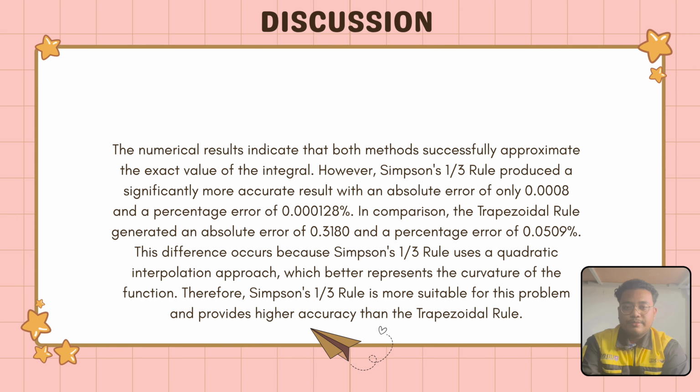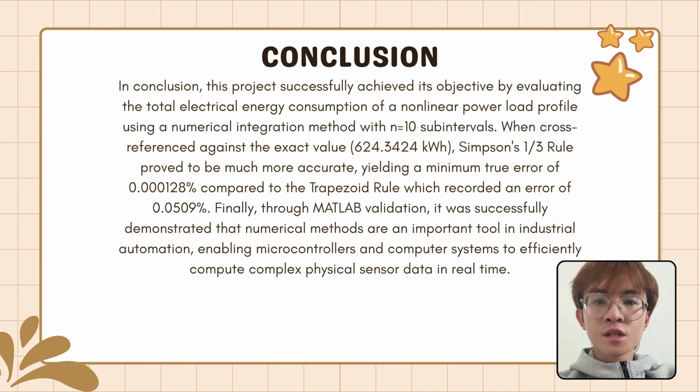In conclusion, this project successfully achieved its objective by evaluating the total electrical energy consumption of a non-linear power load profile using a numerical integration method with n equal to 10 subintervals. When cross-referenced against the exact value of 624.3424 kW, Simpson's 1/3 rule proved to be much more accurate, yielding a minimal true error of 0.00128% compared to the trapezoidal rule, which recorded an error of 0.0509%.